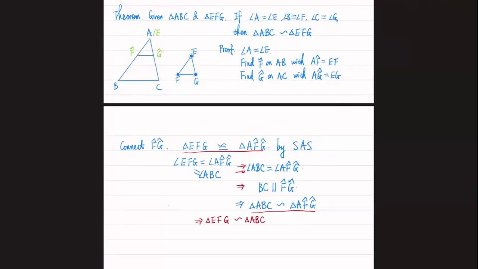So we will have another proof in the same flavor, and this will be homework. You will give a proof of a similarity theorem using this approach.